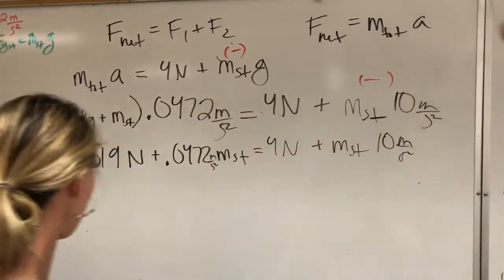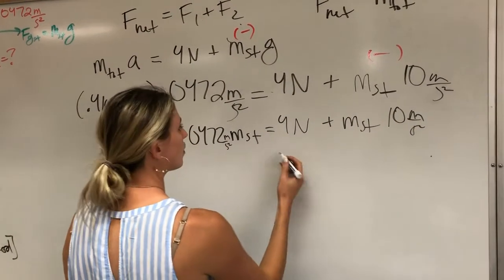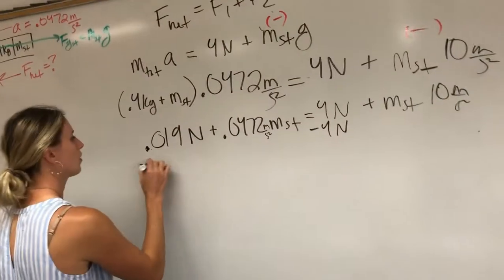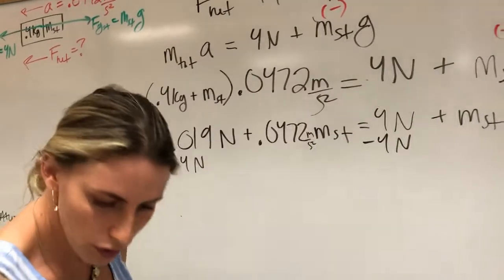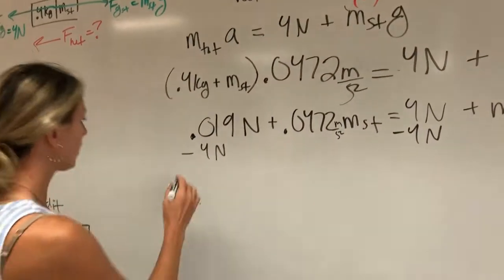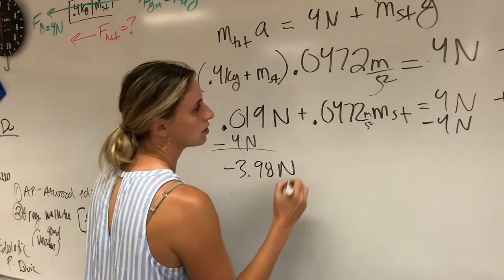Okay, I'm starting to see this now. I can subtract this, right? We want to get everything with the mass of the stapler on one side and everything that's just numbers on the other side. So let's go ahead and do 4 minus 0.019. This is going to be negative 3.98 newtons.